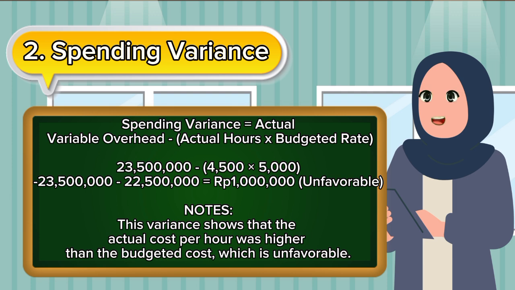So the answer is 550,000, and this is unfavorable. This variance shows that the actual cost per hour was higher than the budget cost, which is unfavorable. Atau saat di bahasa Indonesia kan, unfavorable adalah beresiko, yang berarti itu akan merugikan proyek.